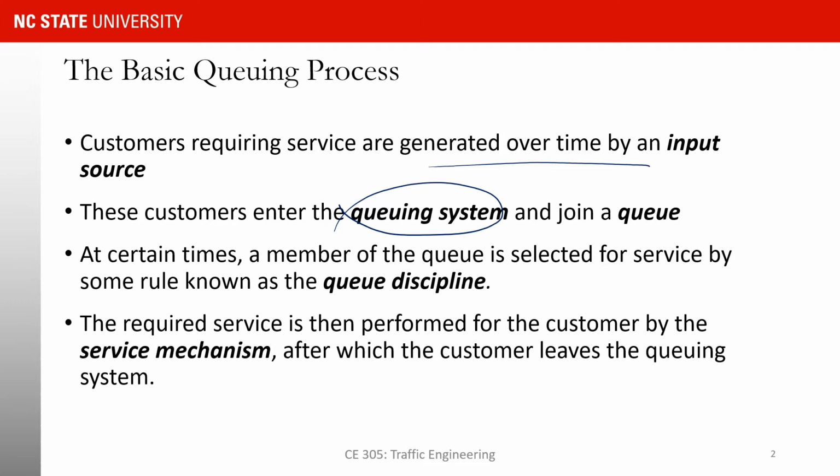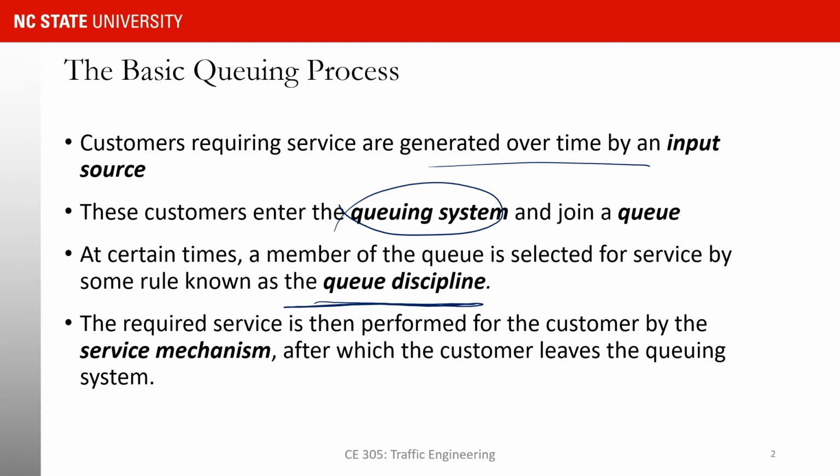And that follows a discipline. For example, in most of the queuing systems that we deal with, the discipline is first in, first out. So if you are the first person on the queue to receive a service, you are going to be the first person who's going to receive that service. But that's not always the case. There could be other disciplines that we will be talking about.